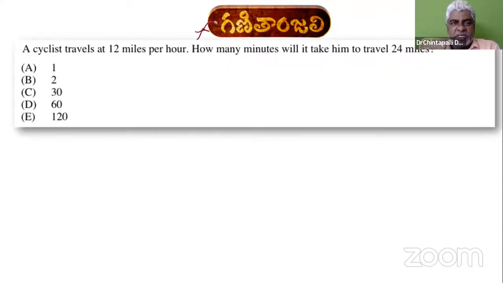A cyclist travels at 12 miles per hour. Are time and work and time and distance in our curriculum in any class previously? Yes, sir. In which class? Algebra itself, sir. It's not a separate chapter. There will be questions here and there.